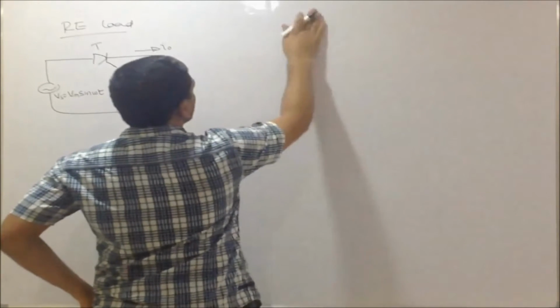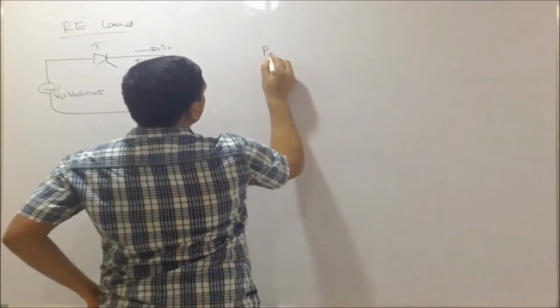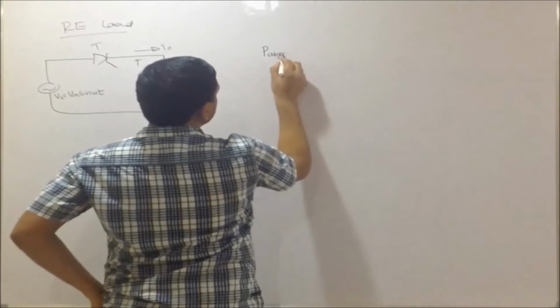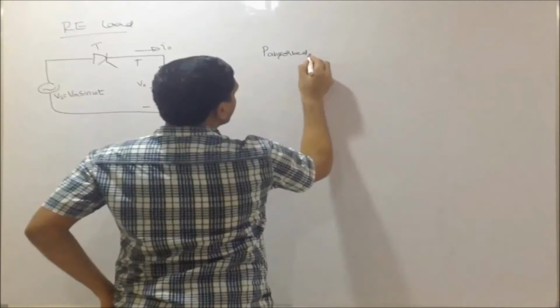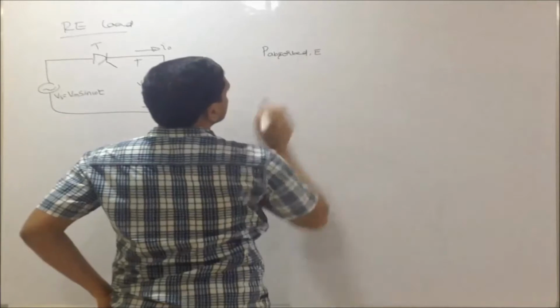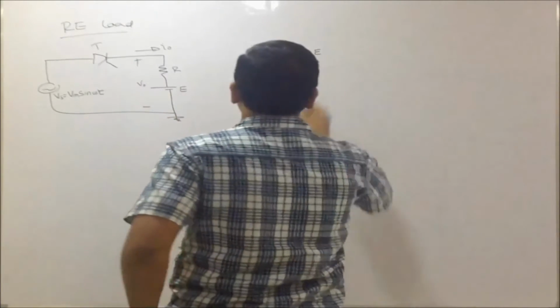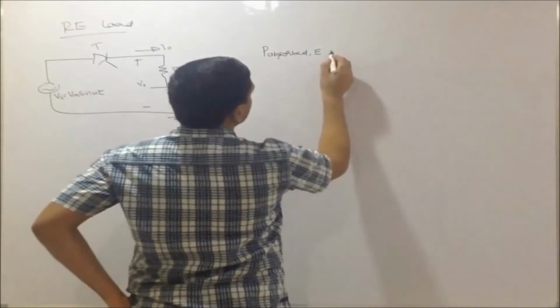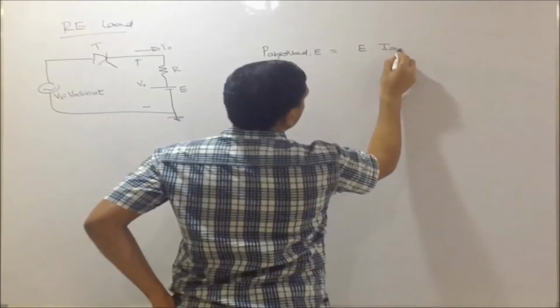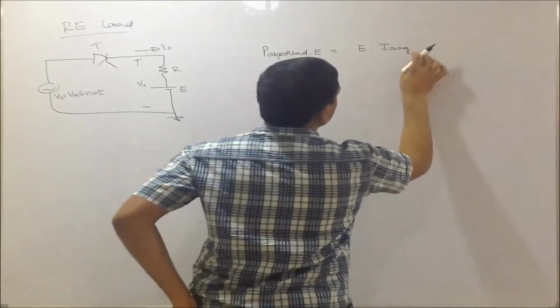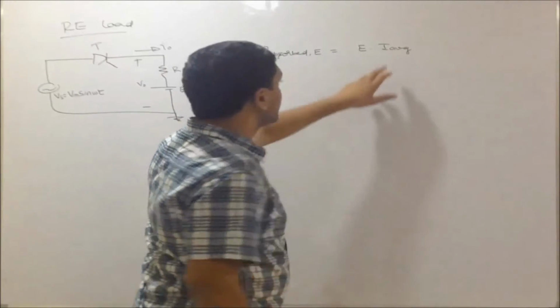The power absorbed by the battery, or the EMF source, is E into the average current flowing through it. For this you refer to our chapter on basics.